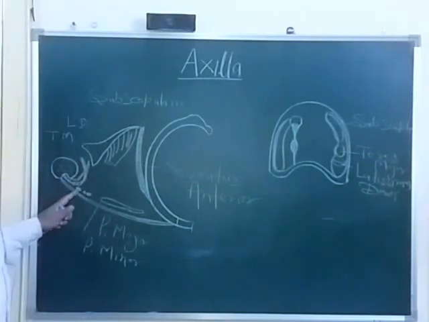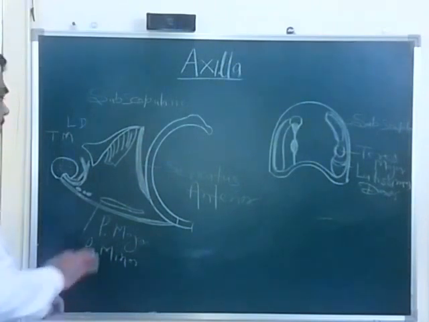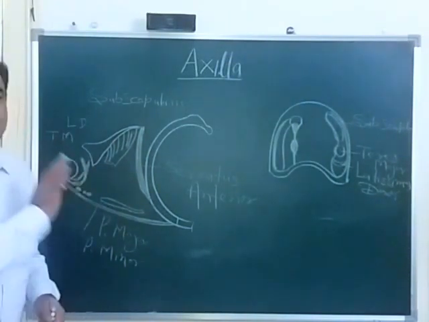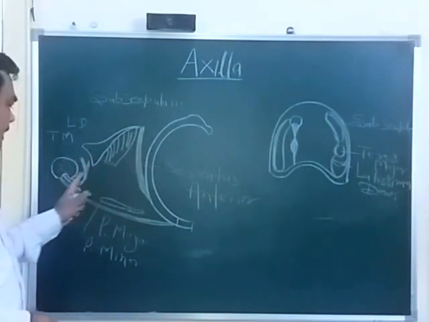Biceps brachii has two heads, this long head and short head, and this is coracobrachialis. These three structures form the lateral boundary. So these are the boundaries or walls of the axilla: anterior wall, posterior wall, medial wall, lateral wall.